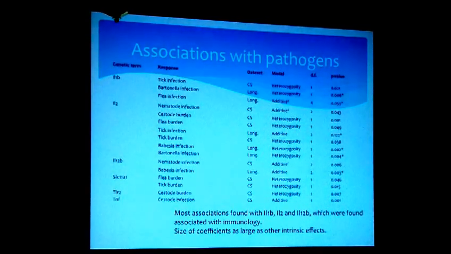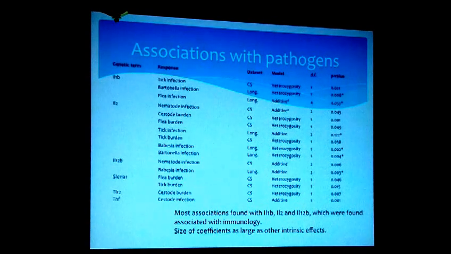So the next thing, after saying that this genetic diversity is associated with variation in these immune responses, was to test whether variation in those genes was associated with resistance to different kinds of pathogens. We had these two data sets and a whole bunch of ticks and microparasites that we could measure for each of these.